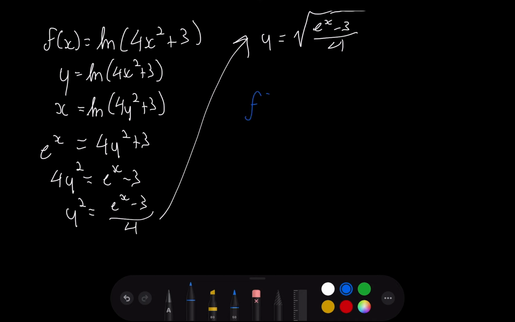So f to the power of negative 1 of x is equal to the square root of e to the power of x minus 3 divided by 4. And that is the solution. And once more, this is a reflection on the line y is equal to x. And yeah, that is how you do inverse functions.